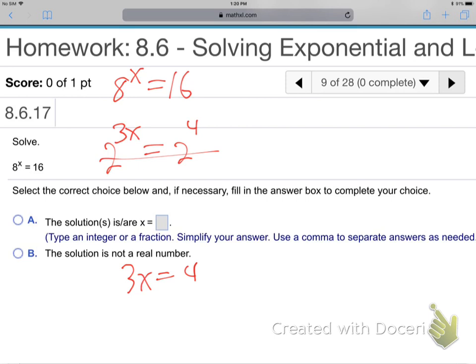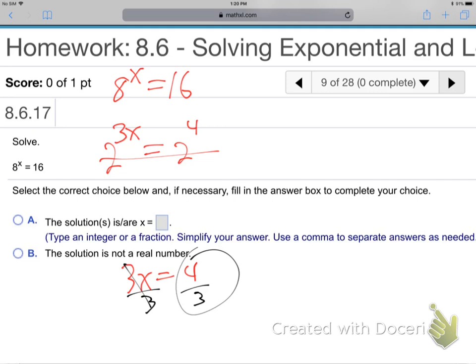The powers must be equal. So then how do we solve for x? Divide by 3. X is 4/3. Do you have a different plan, Ajane? No? 4/3. We all good on that one? If you do the ln thing, it still comes up the same. It'll work that way too. No questions? All good?